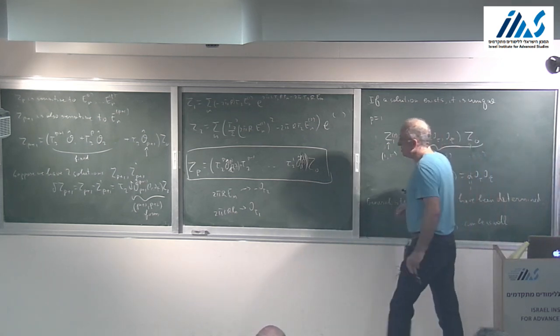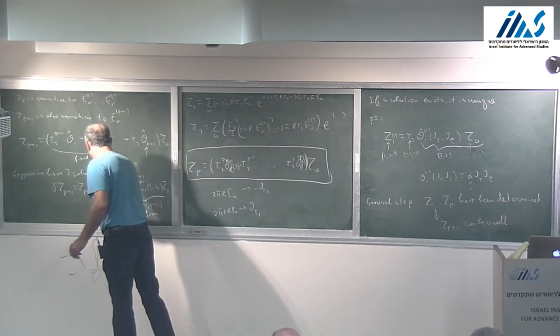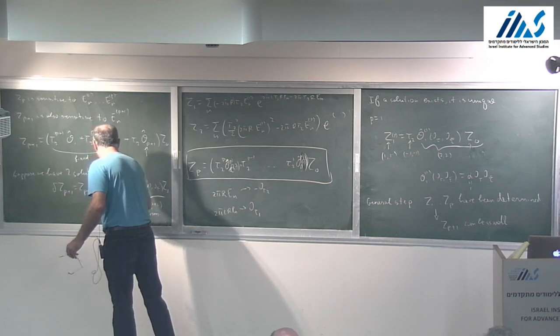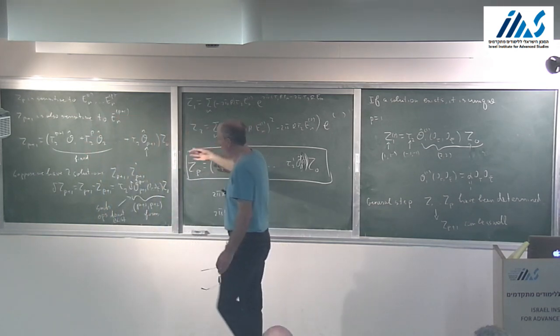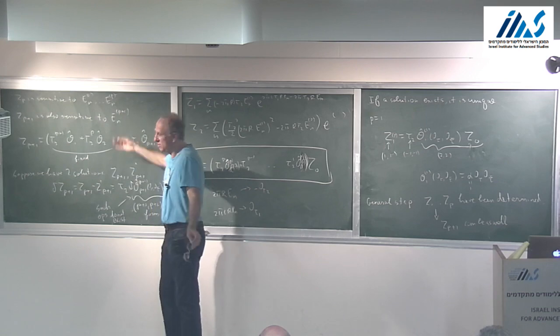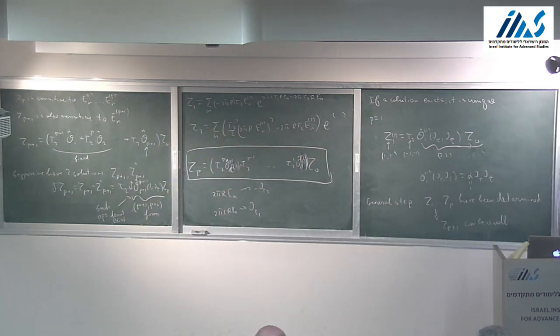But for p larger than 0, there just aren't such things. So such operators do not exist. And therefore, if there is a solution to this, it is unique. Of course, I did not establish that there is a solution. It could be that there is no solution to the constraints, but there cannot be two different ones.